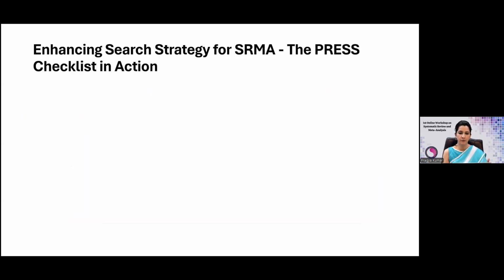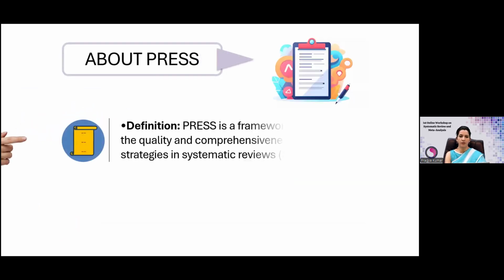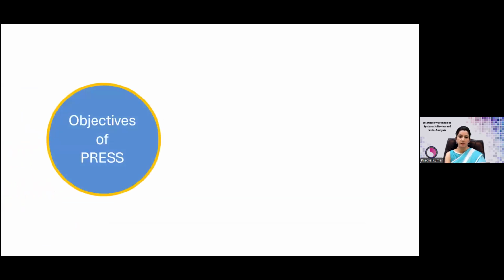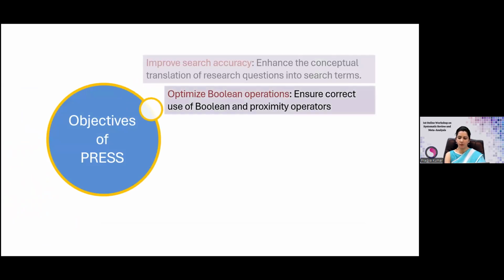And then if you see the original strategy, whatever was missing, your search gets refined. So again, I'll show you that. PRESS is a framework for evaluating the quality and comprehensiveness of search strategies. It's a checklist. I think I will not go into the detail.